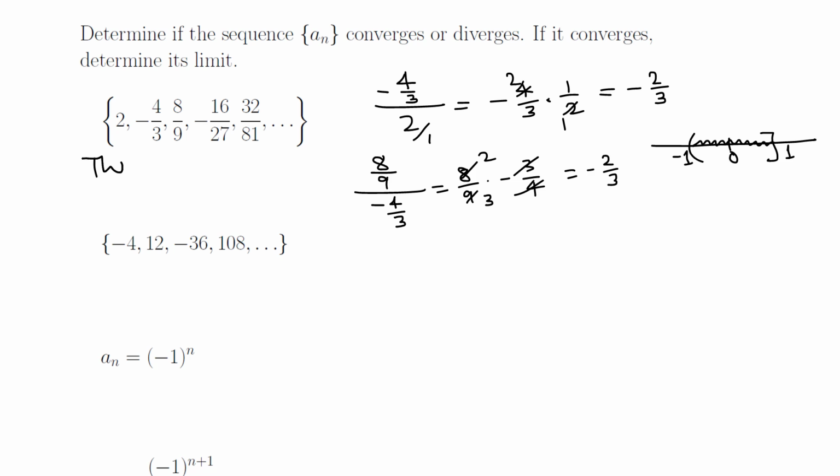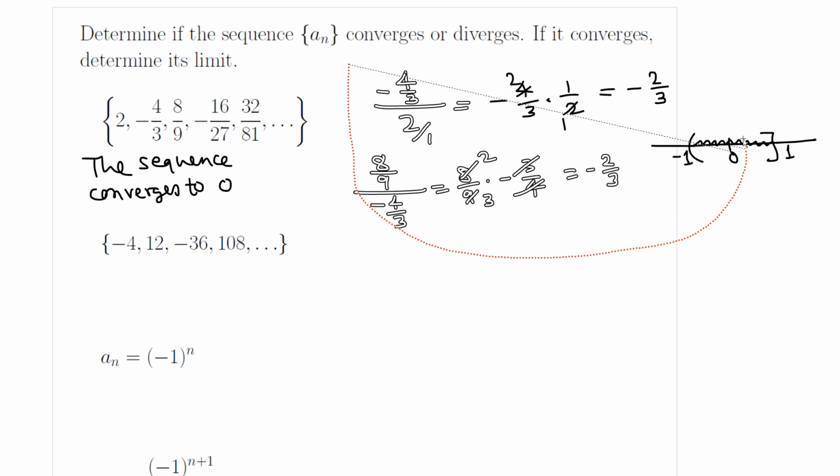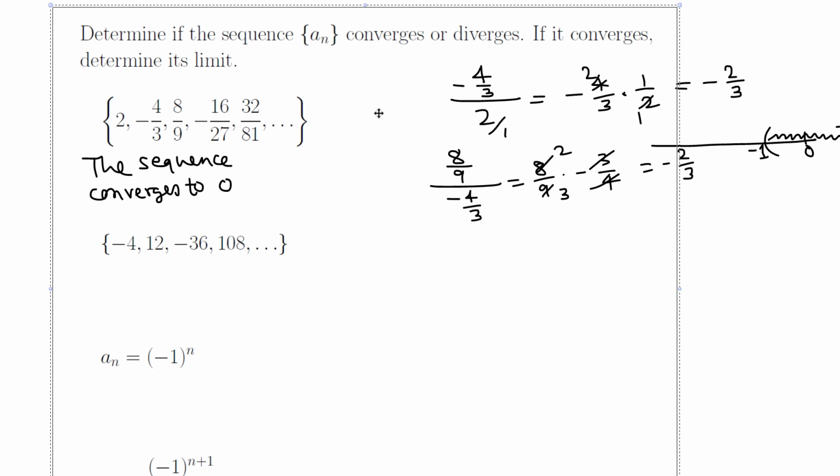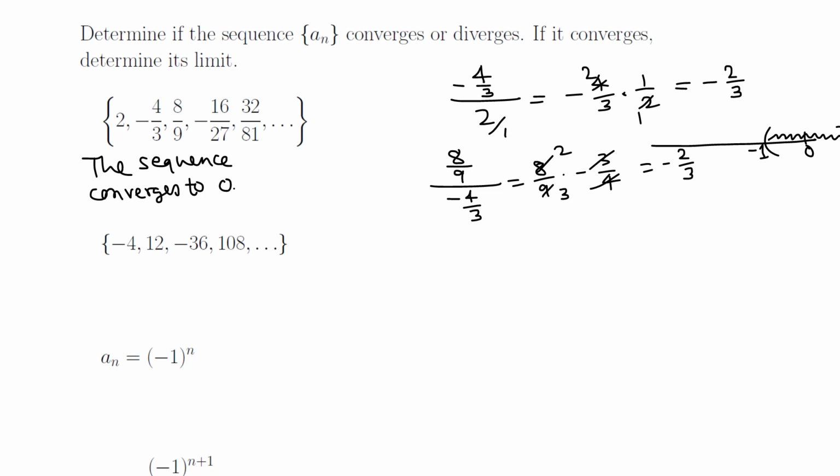So the sequence converges to 0. Because it's a geometric sequence with common ratio negative 2/3, or the absolute value of the common ratio, without the negative now, that is strictly less than 1.